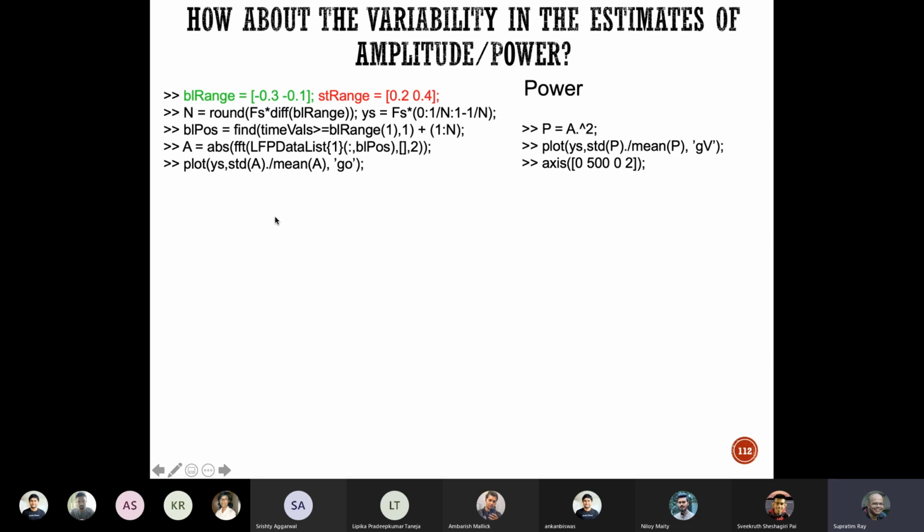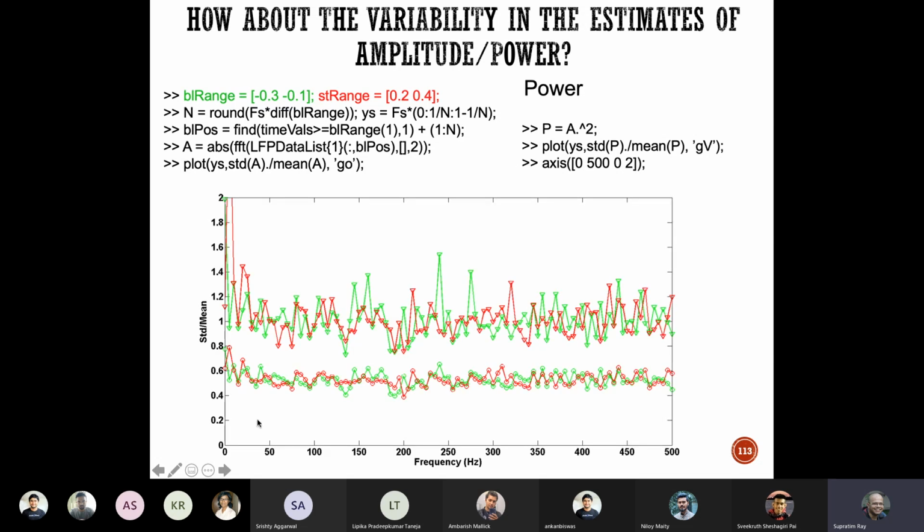Now, much to my surprise, when I plot this across frequencies, I find that the values aren't changing at all. The standard deviation divided by mean is always close to 1 for power and is always close to 0.53 for amplitude.